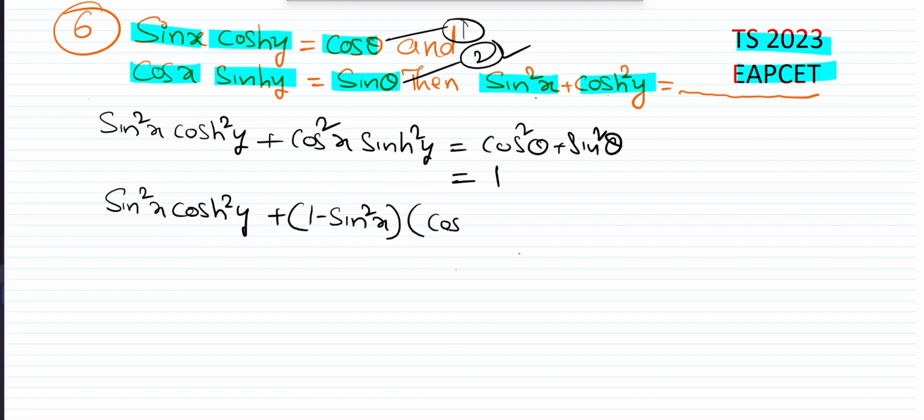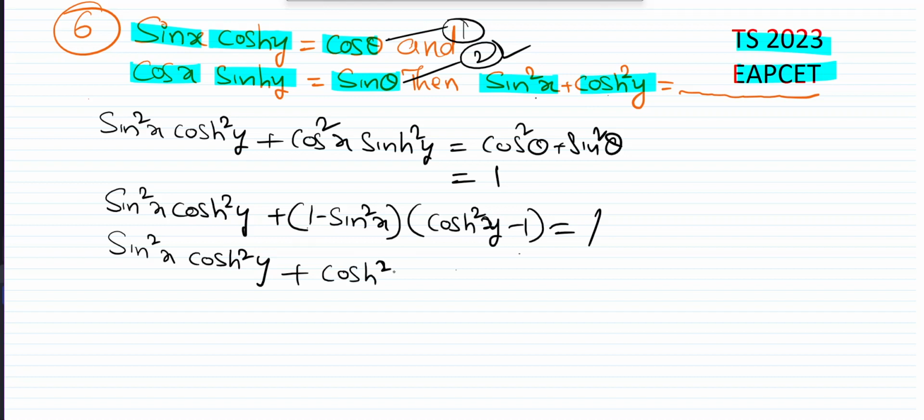Sinh square y, we know, is cosh square y minus 1, and the whole sum is equal to 1. Multiplying these two: sin square x cosh square y plus 1 into cosh square y, this is cosh square y, 1 into minus 1, this is minus 1, and this is minus sin square x into cosh square y.